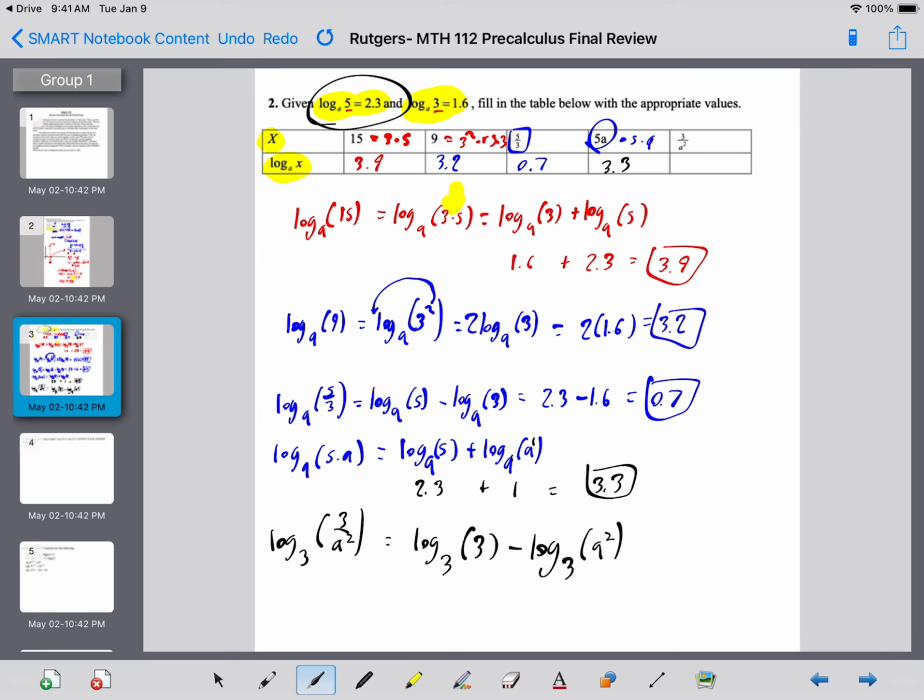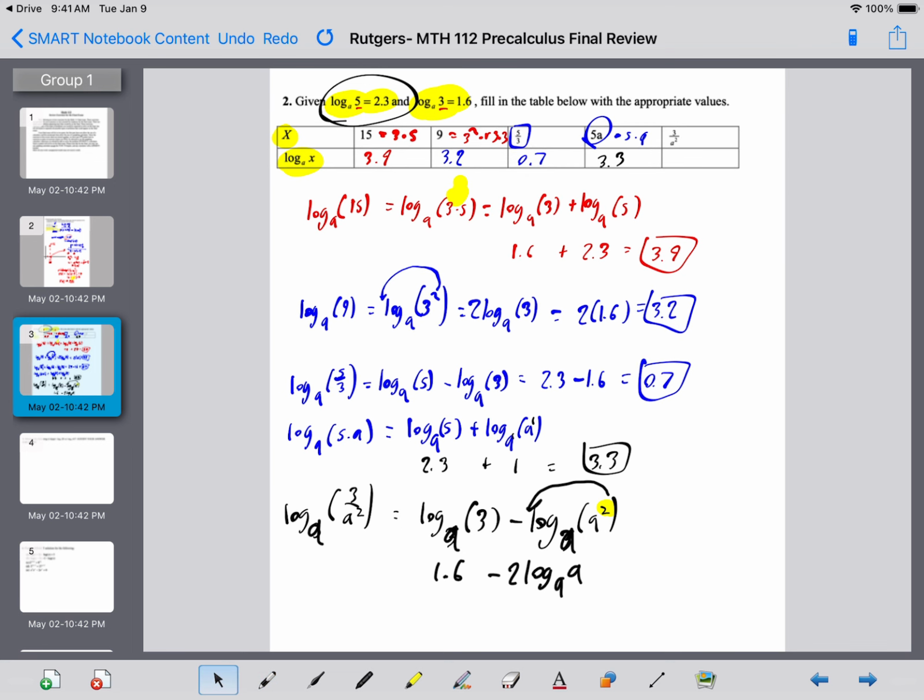Then you have an exponent of 2, so you could bring that to the front by your power law. So log base a of 3 is 1.6 minus 2 times log base a of a.